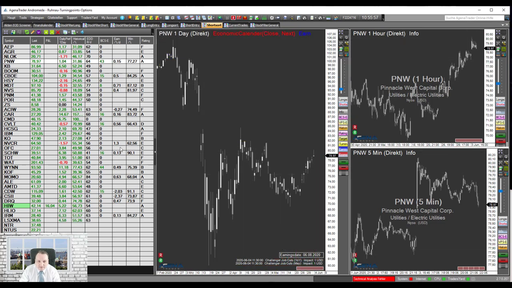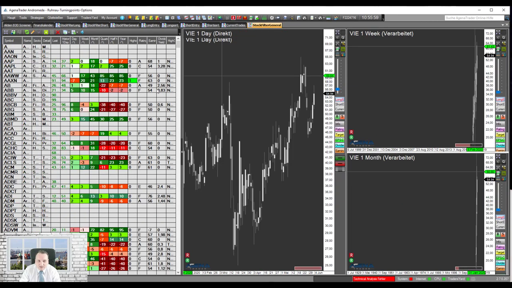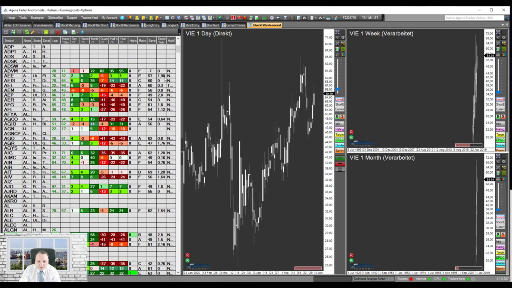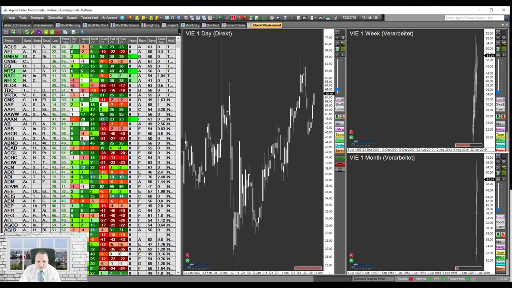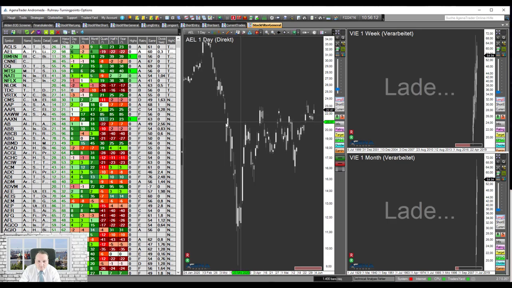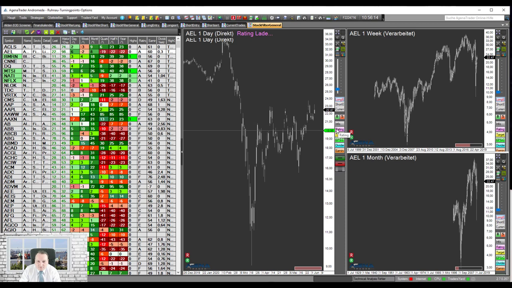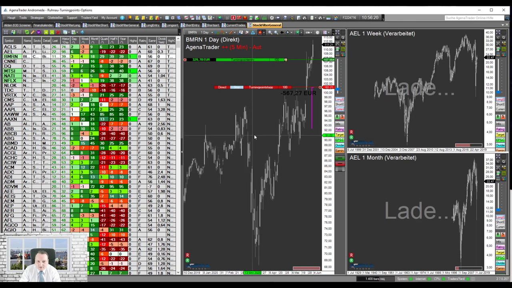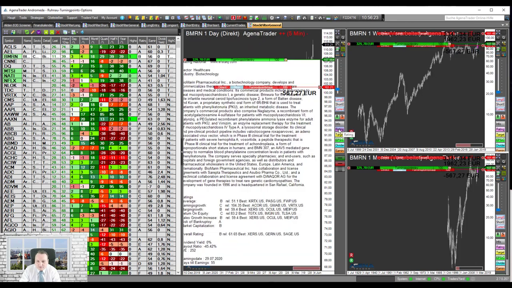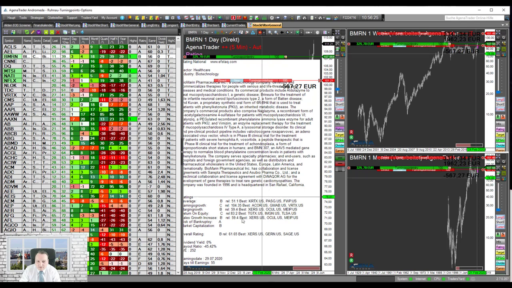Okay, then we also have a fundamental rating where you can see the best performing stocks which are rated really, really high. Like this one. I have this one on my site.